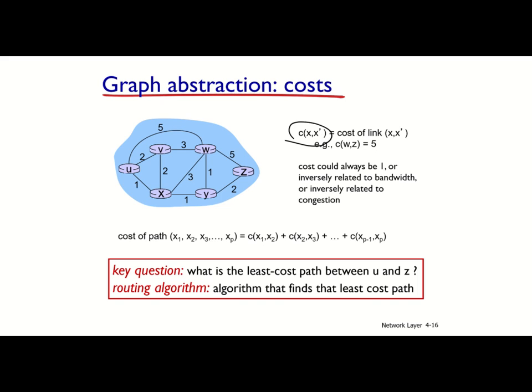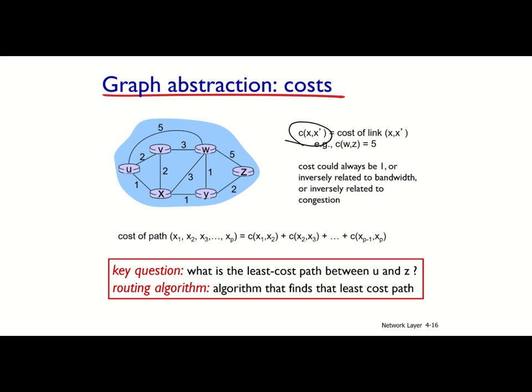For example, here C of W and Z is 5, which means the link between router W and router Z has a cost of 5. Cost here is equivalent to the delay. So if the cost is higher, it means that it takes longer for a datagram to be transferred over that link.